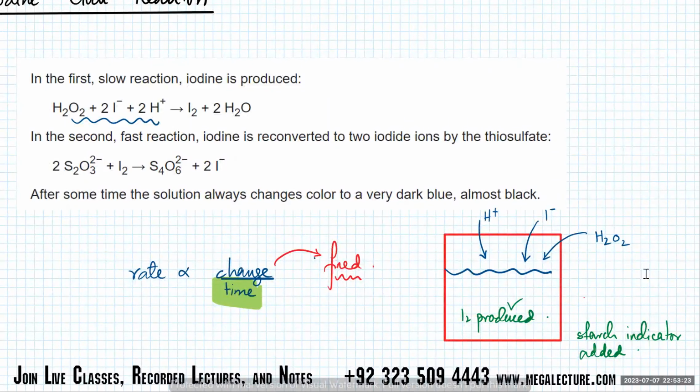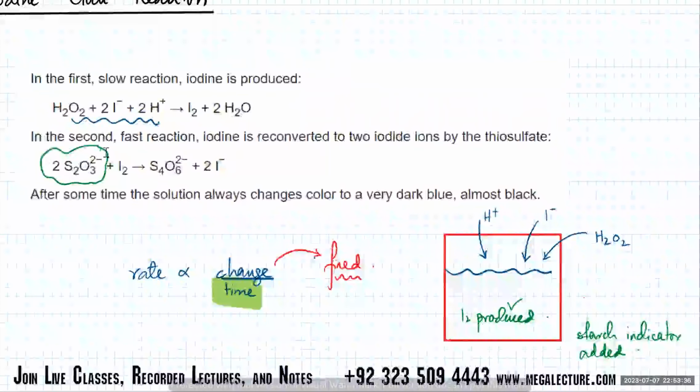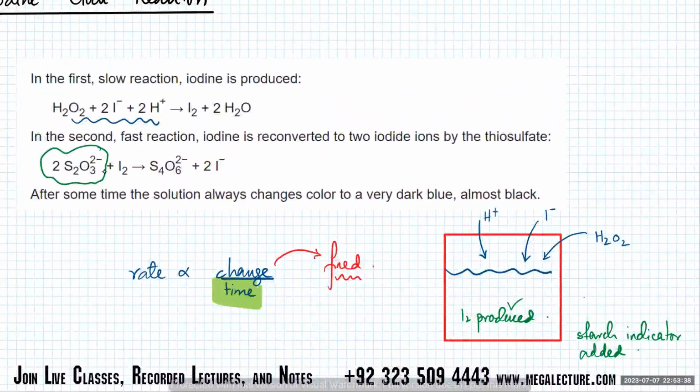Yeah, that's clear. Okay, so right now it's not working as a clock, right? So what you do is you add thiosulfate to it. Now, what this thiosulfate does is, let's say you add 10 molecules of thiosulfate.